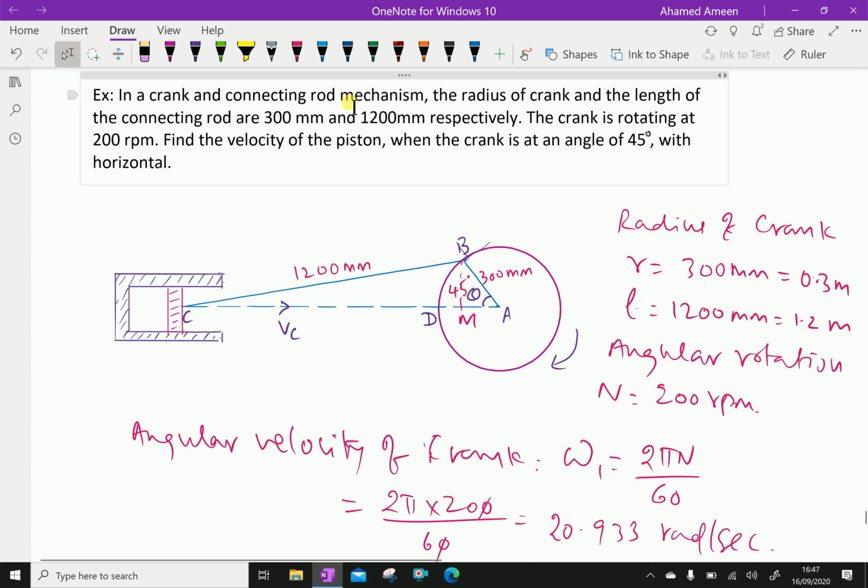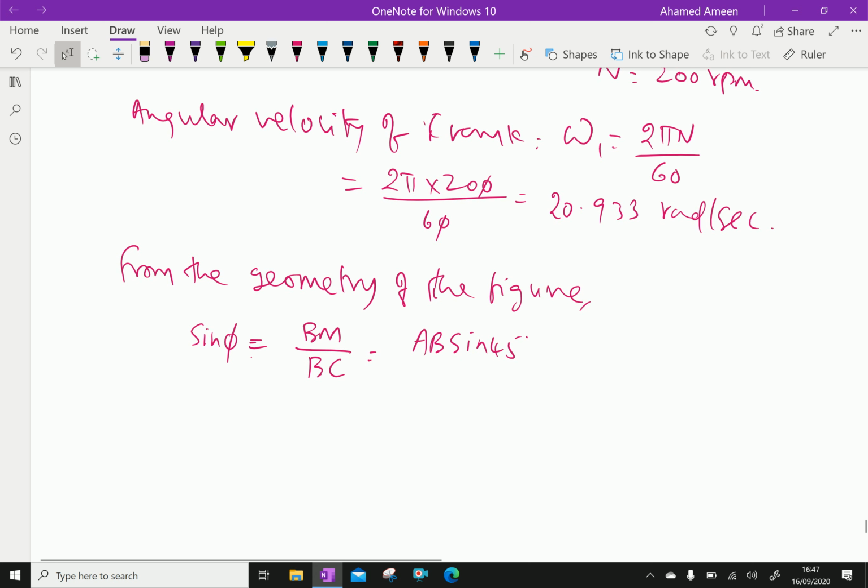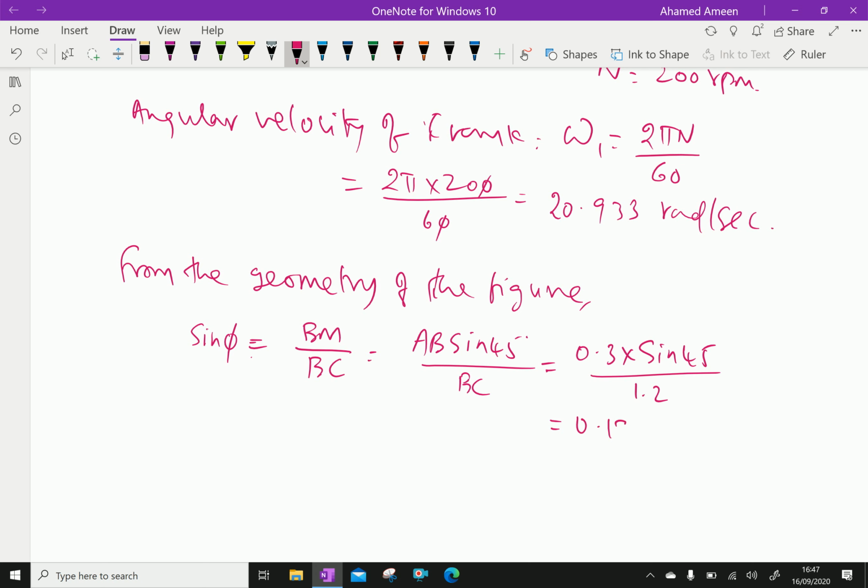For this, BM is AB sine 45, then over BC. AB is 0.3 sine 45 over BC is 1.2, which is equal 0.1768.